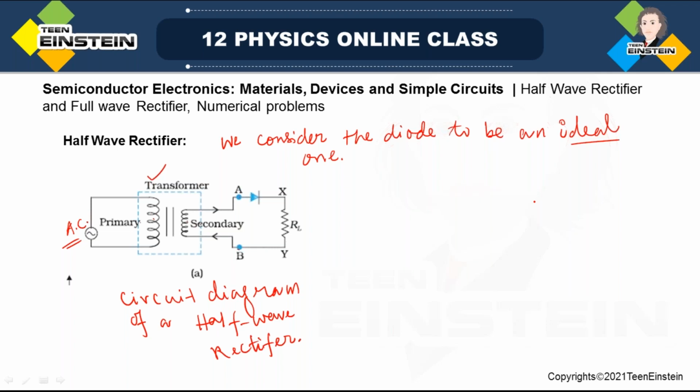Now, what is the working principle? Suppose an AC signal is fed to the primary coil of the transformer.